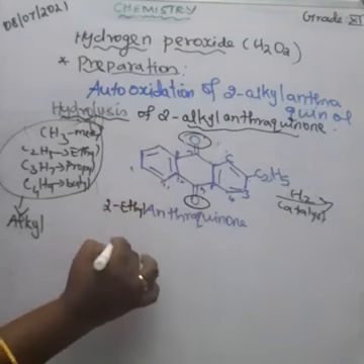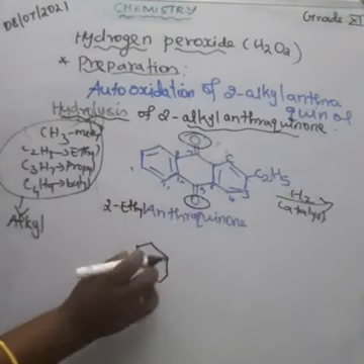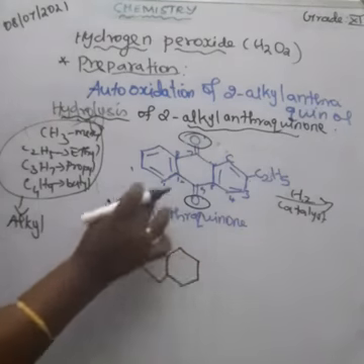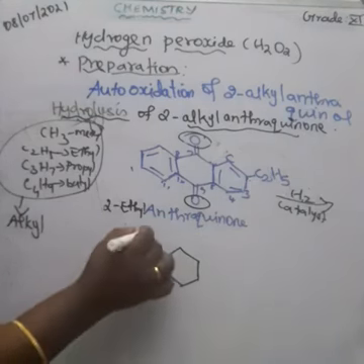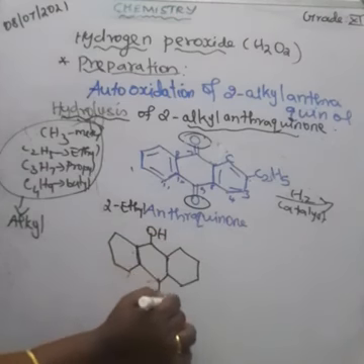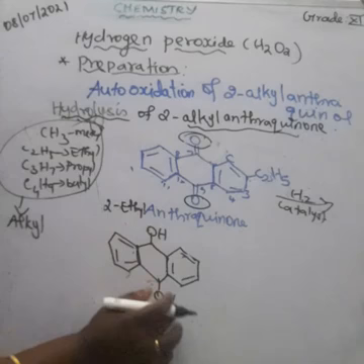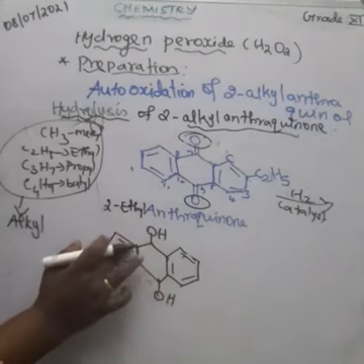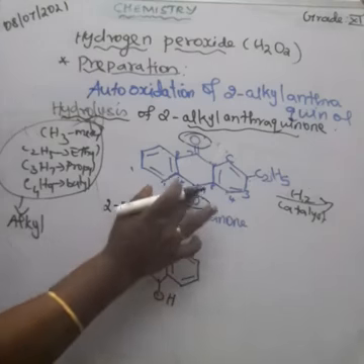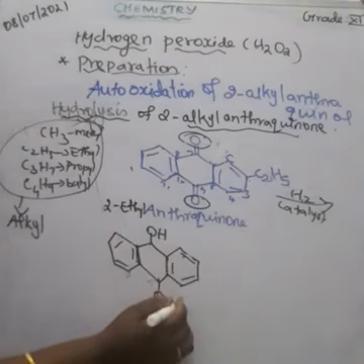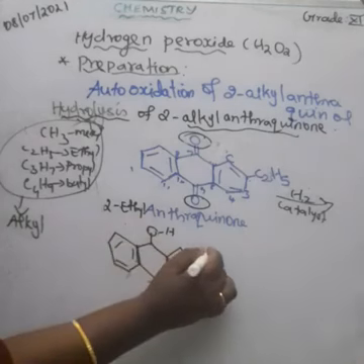This double bond is converted to a single bond, and the oxygen atom's double bond is converted to a single bond, bonded with a hydrogen atom as OH. So we get this compound, with one bond to hydrogen and the other oxygen also bonded to hydrogen, and the 2-ethyl anthraquinone compound, C2H5.